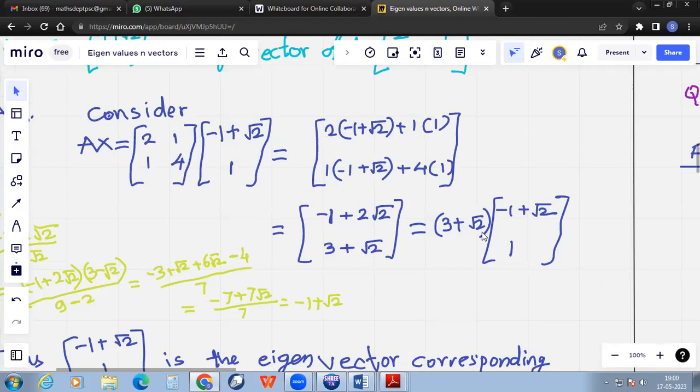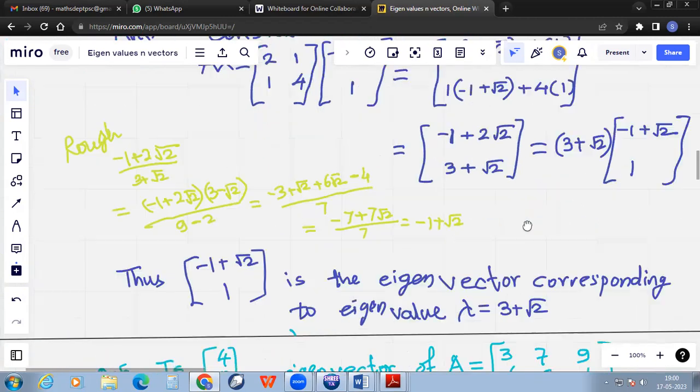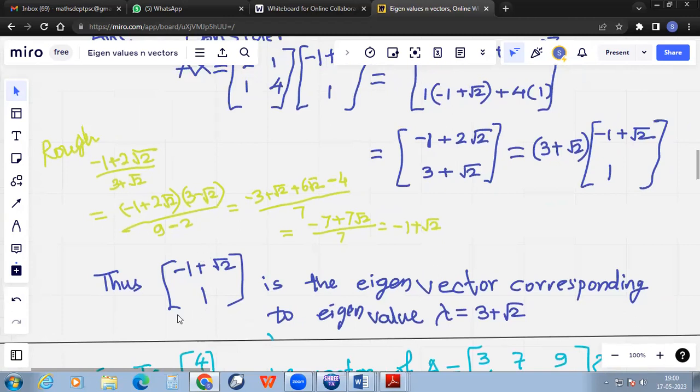What you observe is A into x is the same as a number into x back. So this particular vector is an eigenvector of that matrix and the corresponding eigenvalue is this particular number, that is 3 plus root 2.